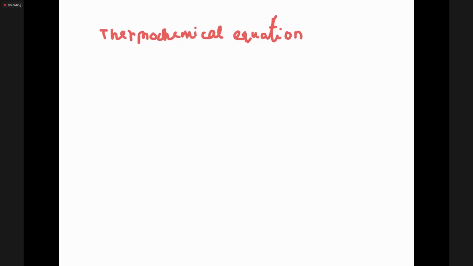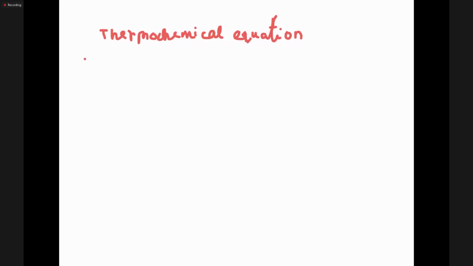In all the numerical examples I have shown so far, I have tried to balance the chemical equation first and then carried out the numerical solutions. So when a balanced chemical equation is clubbed with the value of the delta R H, that is the reaction enthalpy value, then it is called a thermochemical equation.